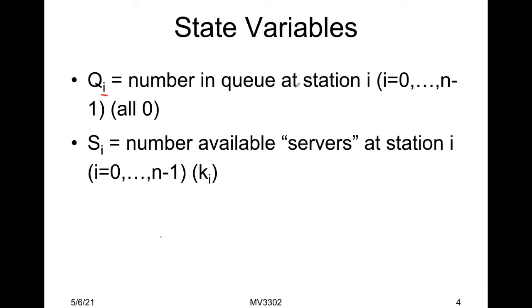We begin empty and idle. And the other state variable, also an array, is the number of available servers or machines at station I. The initial value is k sub I.